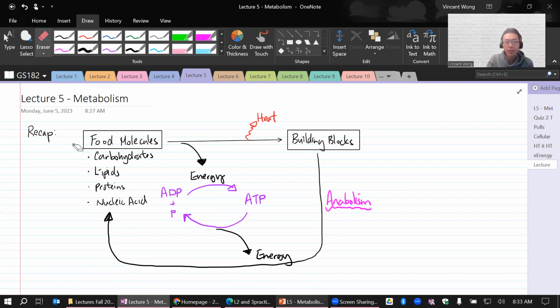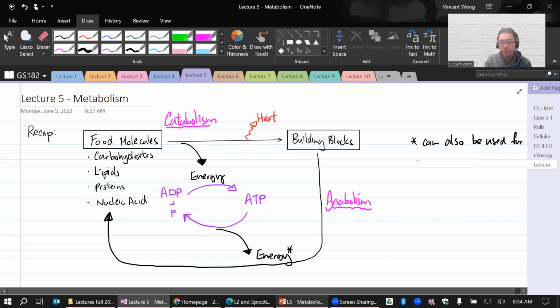On the other hand, when we're breaking things down, that's catabolism. Okay, anabolic reaction, catabolic reaction. Now, this energy can also be used for other things, right? Put a star here.